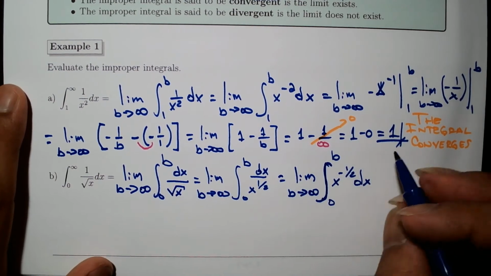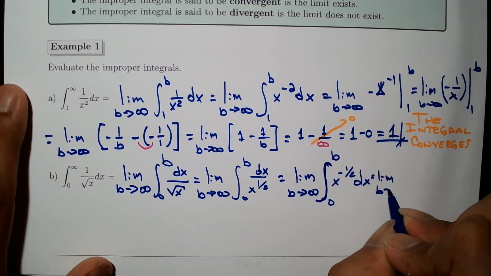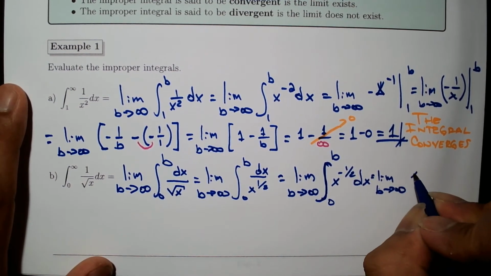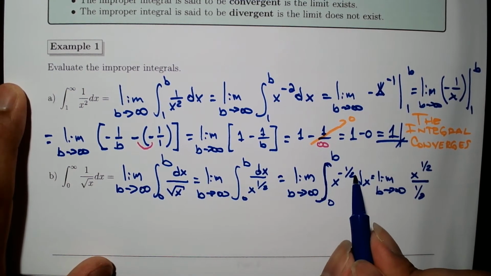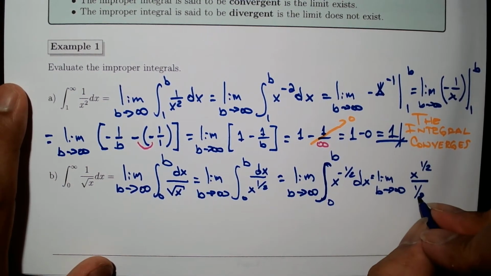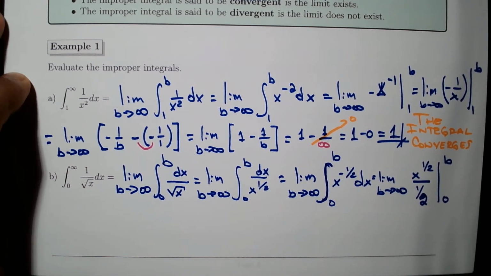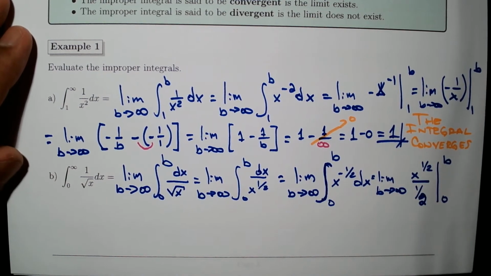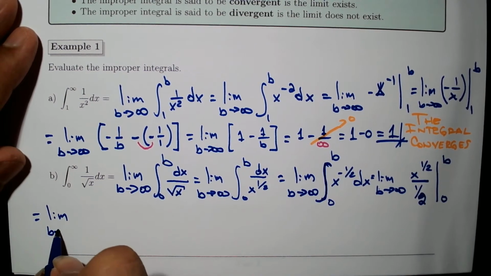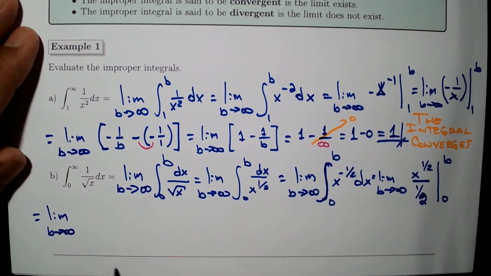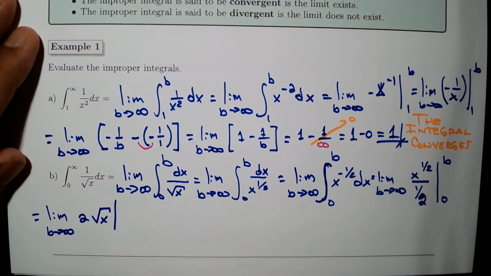Evaluate this, add 1 to the exponent, we get limit as b approaches infinity, x to the 1/2 divided by 1/2. If you add 1 to negative 1/2, we get positive 1/2, evaluated from 0 to b. So now it's time to rewrite this. I'm going to write the reciprocal of 1/2. So I'm going to have limit as b approaches infinity, and that's 2 times the square root of x, evaluated from 0 to b.